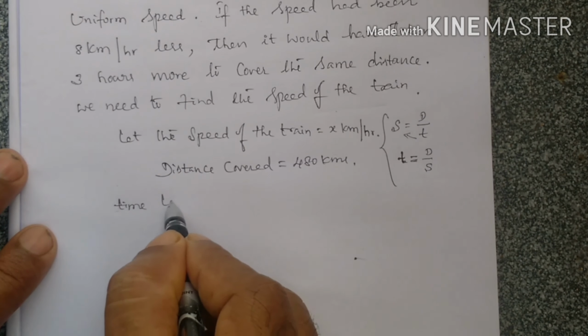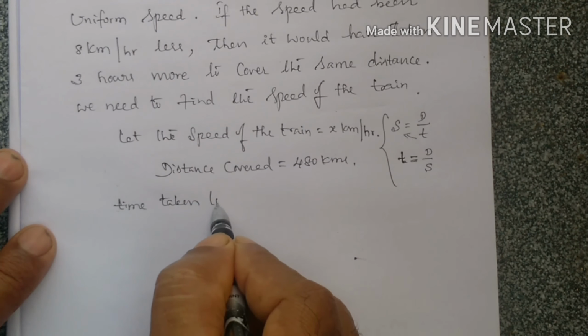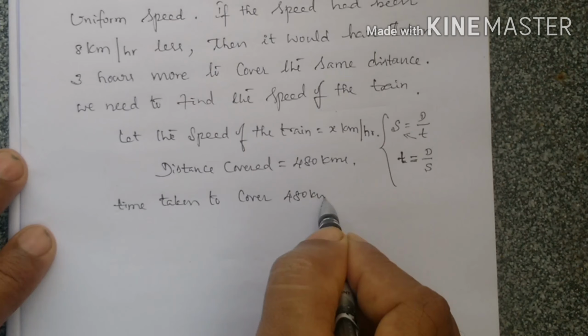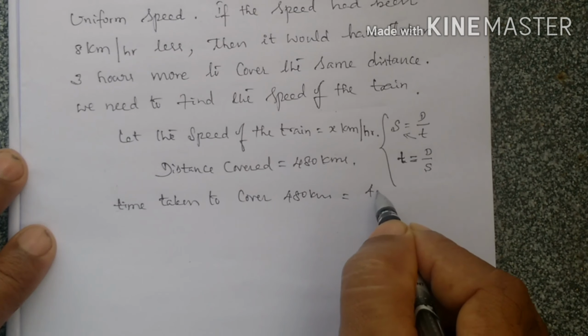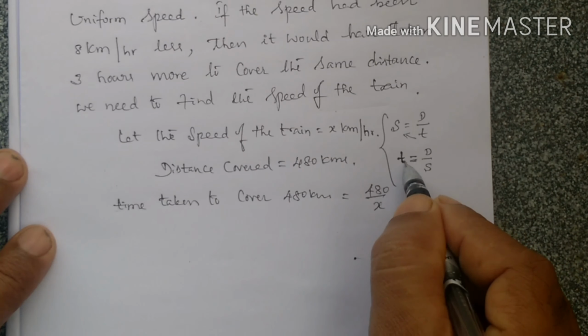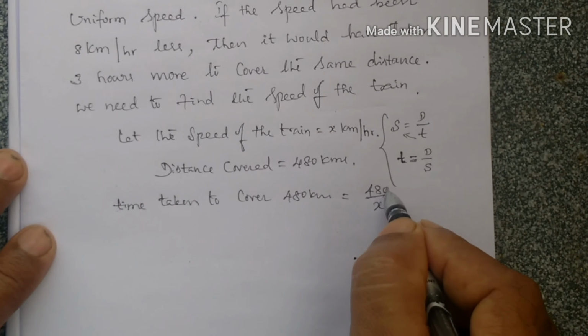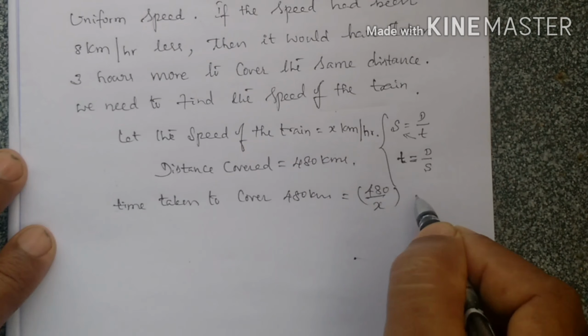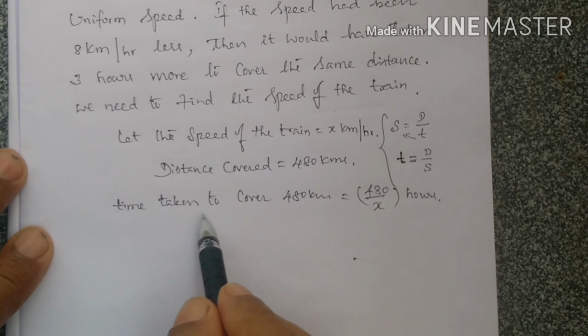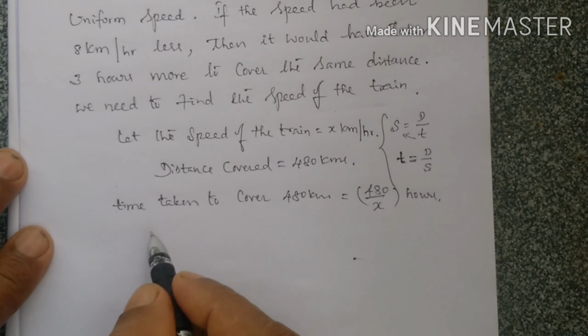Time taken to cover 480 kilometers is equal to 480 by x, using this relation. So time is equal to distance by speed. So this is in hours. Time taken is 480 by x hours.